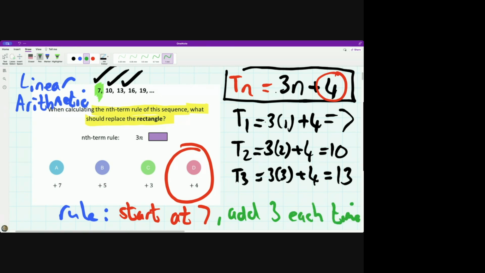So when we talk about patterns, we have formulas, but sometimes we can describe them in words. If I describe this pattern in words, I'd say I started at 7 and then I add 3 each time. Give me a thumbs up if this example makes a bit more sense now.